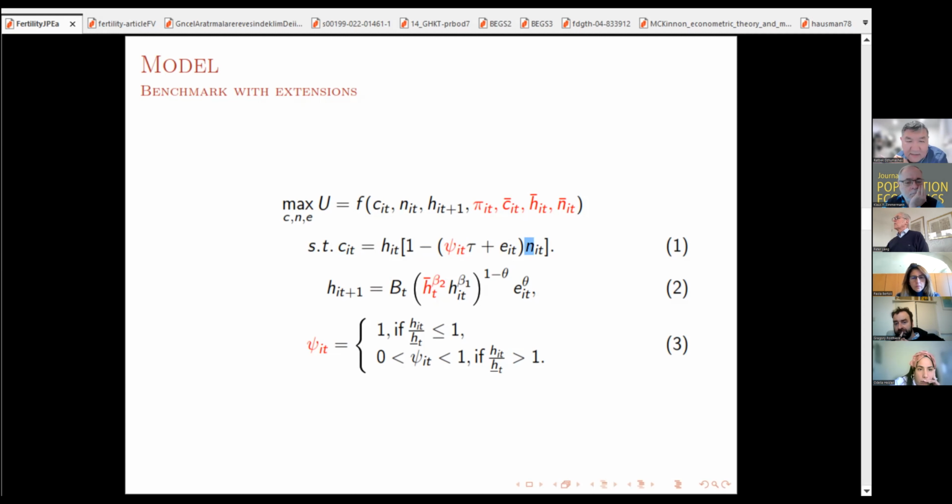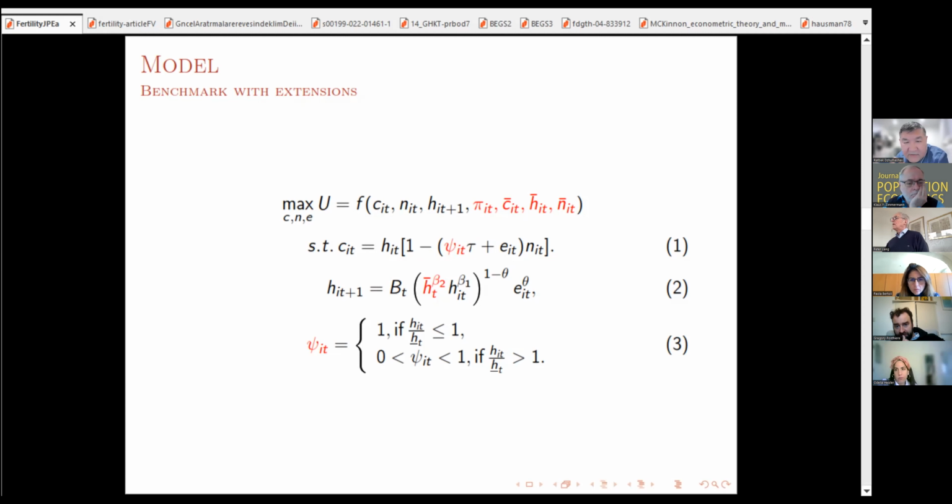So because of that, the income of an agent will be just his or her human capital level. But because we have fertility, people need to spend some time looking after their kids, and also we have a direct cost of educating their kids, which is captured by this E, the cost of education. And this tau psi is the time cost or opportunity cost.